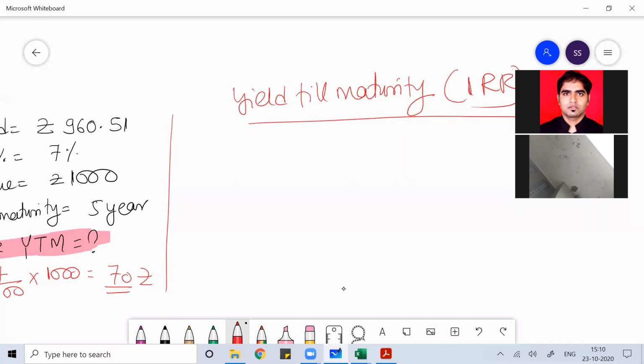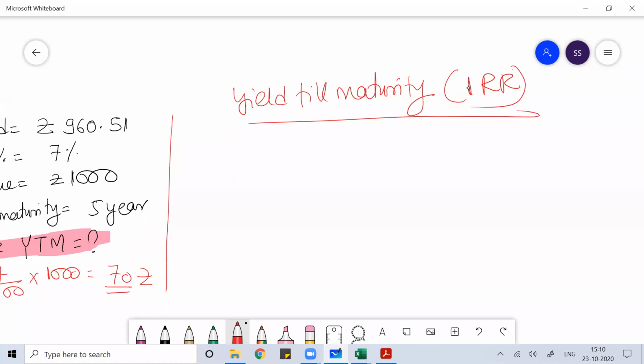Okay, now what is yield till maturity? What do you mean by yield till maturity? Yield till maturity means that you hold the bond or debt instrument till its maturity. You do not sell the debt instrument before its maturity.